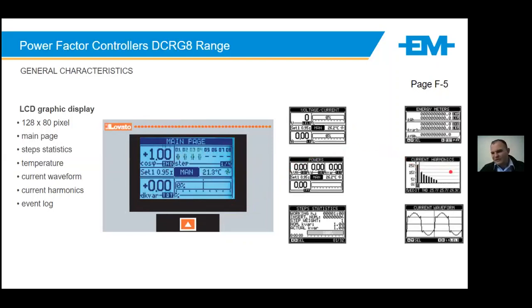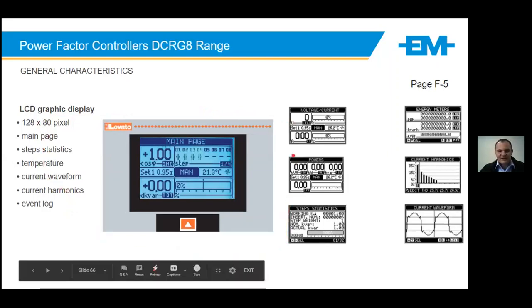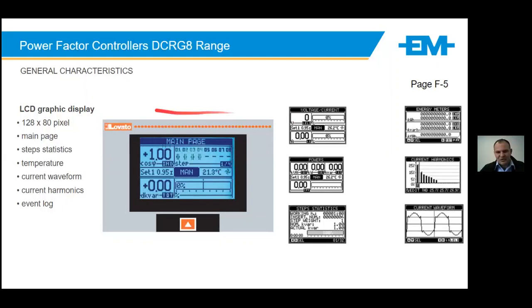My favorite is the current harmonic waveforms that you can see on the controller. Quite important when you're trying to troubleshoot some systems where customers may have not used reactors, and due to protection settings that we have placed inside the system, it decides, no, I'm disconnecting because I'm not happy.